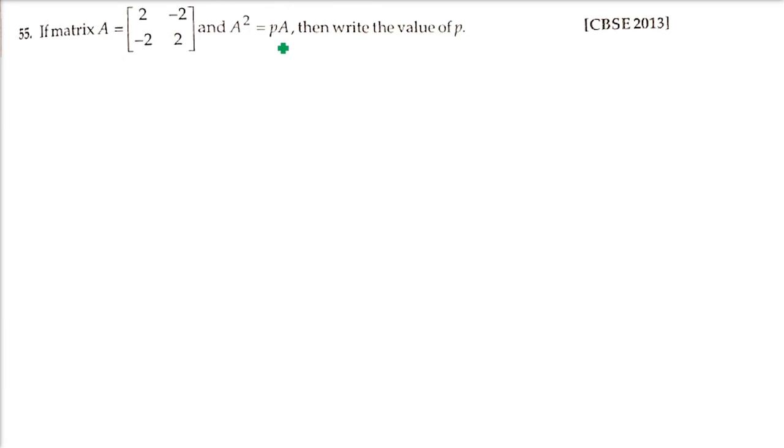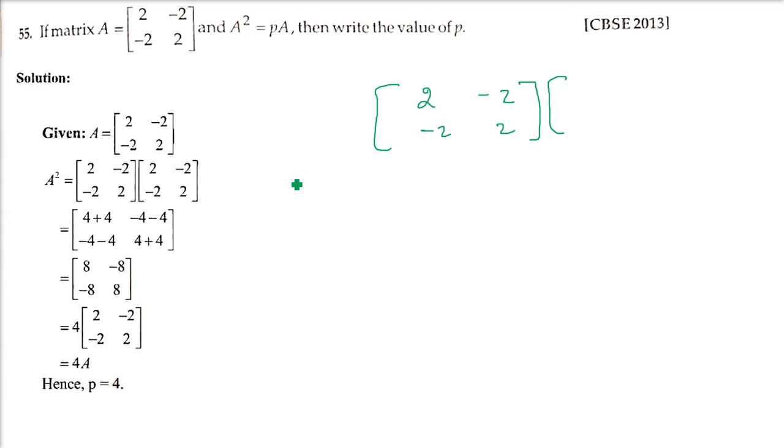If matrix A is this, 2 minus 2, minus 2 2, and A square equals PA, then write the value of P. We'll multiply this. But I would like you to try another method. This is for you. A square equals PA can be written as A square minus PA equals 0. And if you take A common, it will be A times A minus P. So is this possible?